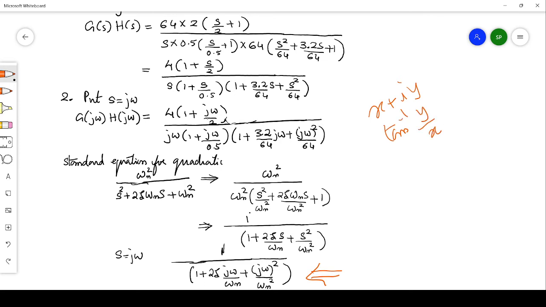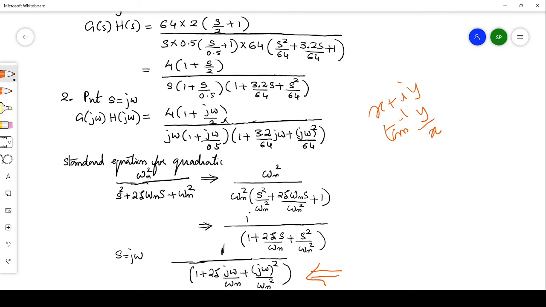In the numerator we will get tan inverse omega by 2, and in the denominator we will get tan inverse omega by 0.5, then tan inverse of this one, y by x. Here y is 3.2 omega by 64 divided by x, which is 1 minus omega square by 64.